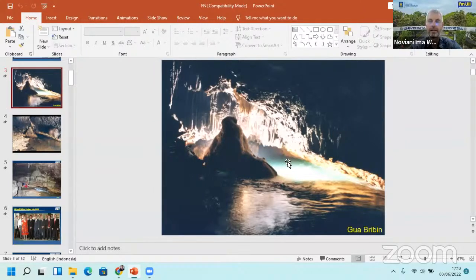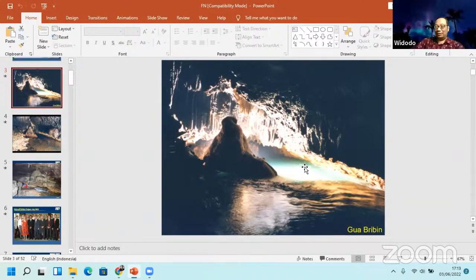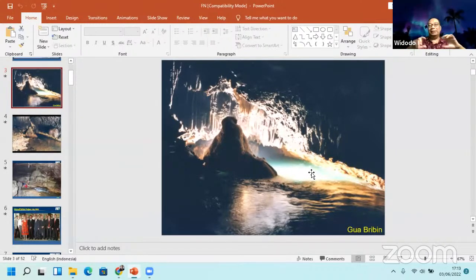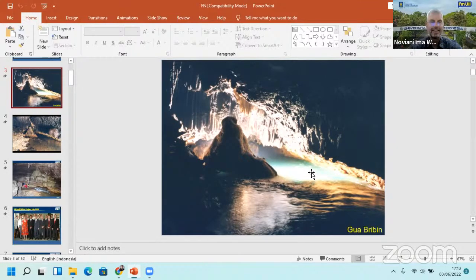And this is actually a river, right? Yeah, it's a river. But so many people also call it an aquifer, not the river. So in terms of the term aquifer or river, it is almost the same.